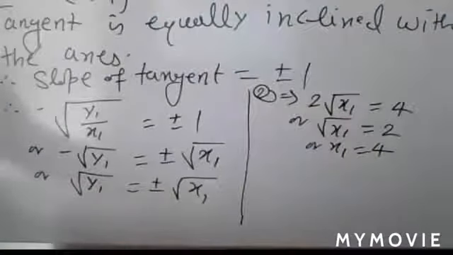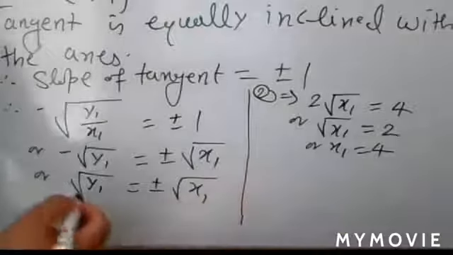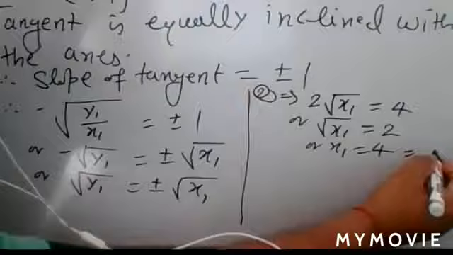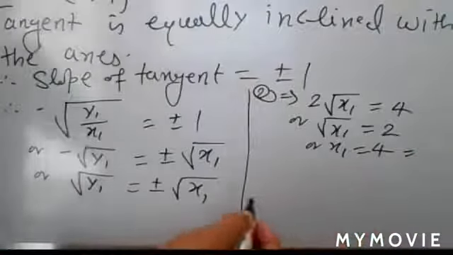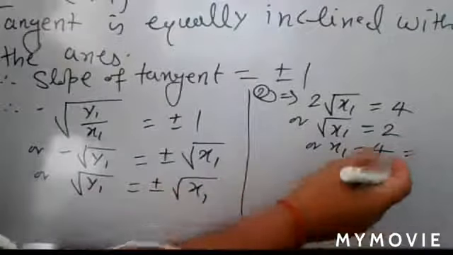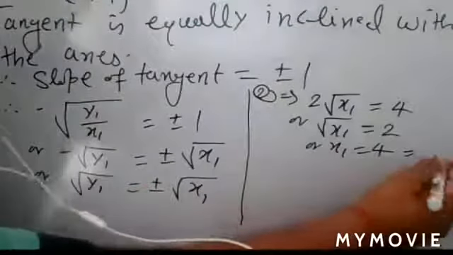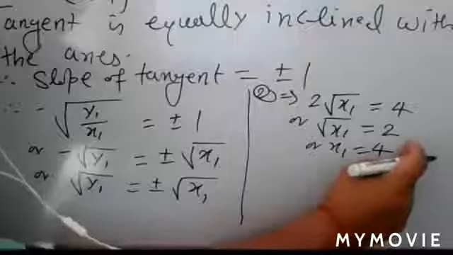X1 is equal to 4, and that x1 is also equal to y1. Just check it. Yes, that is also equal to y1, because here root x1 and root y1 are equal. So you no need to write here y1.